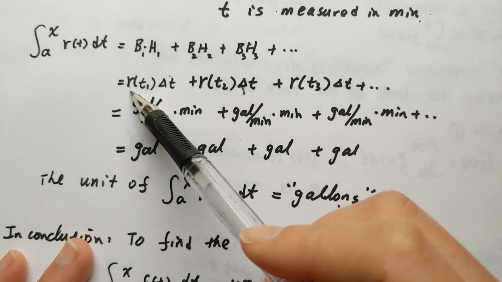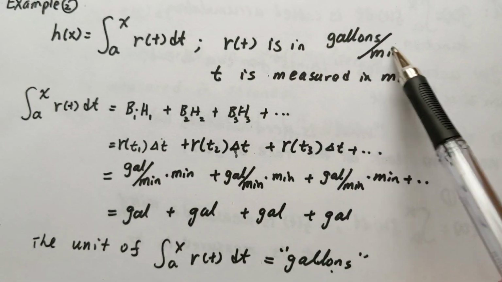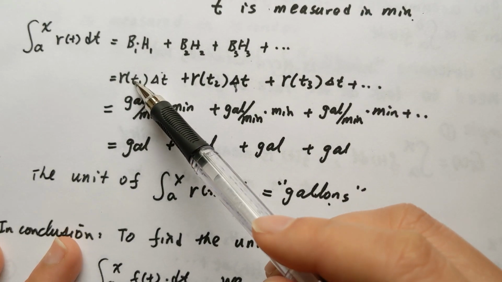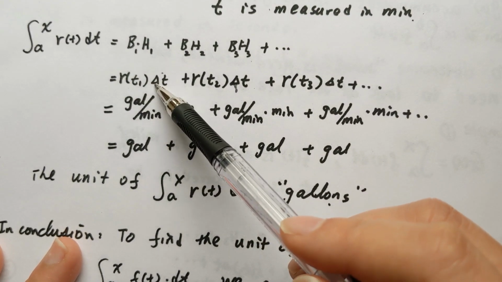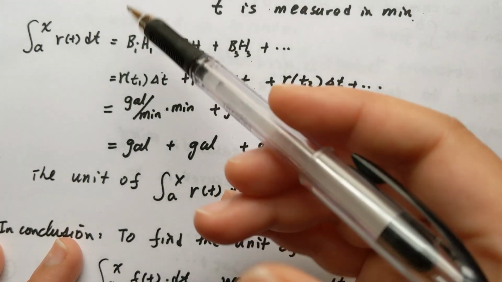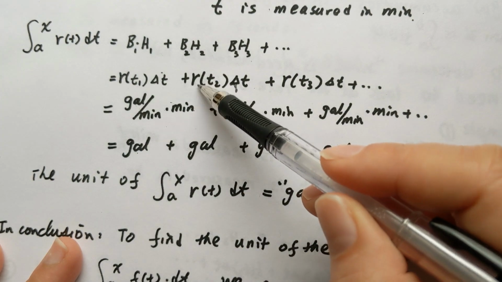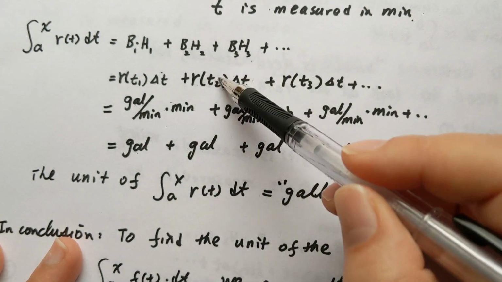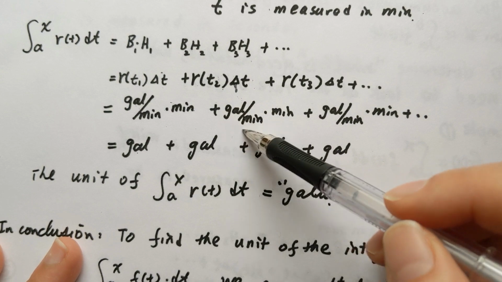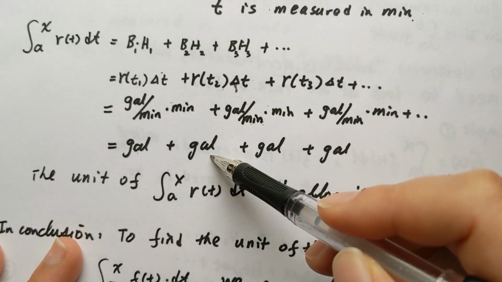And we know that r of t is measured in gallons per minute. So therefore, when r of t1 times delta t, we get the unit gallons per minute times minute. And this will cancel and become gallons. And r of t2 has the unit of gallons per minute, and the minutes cancel, then we get gallons.